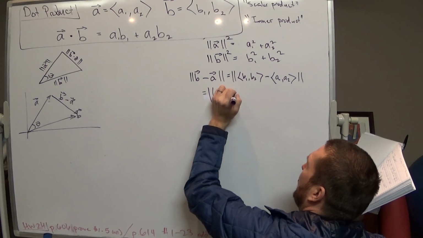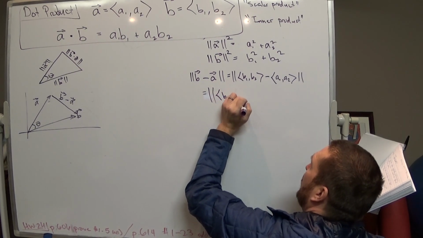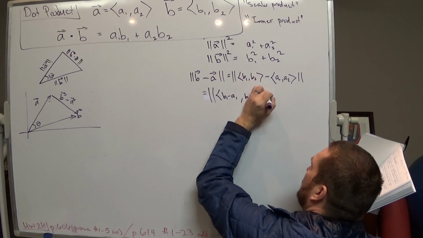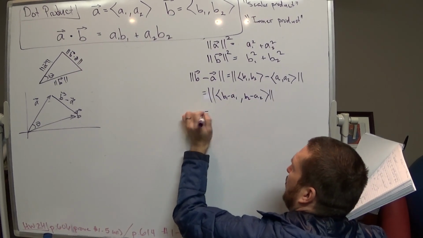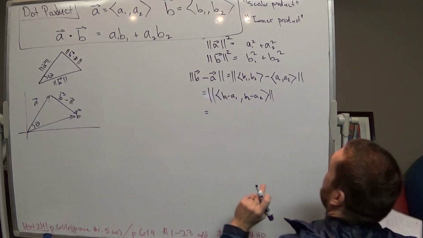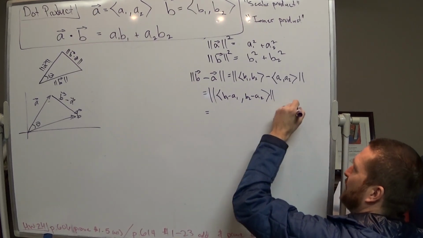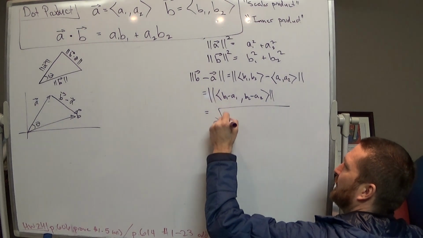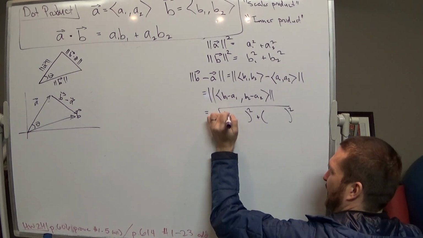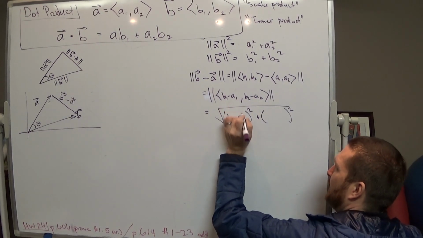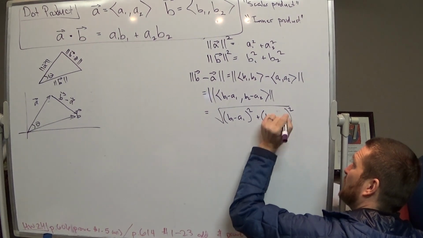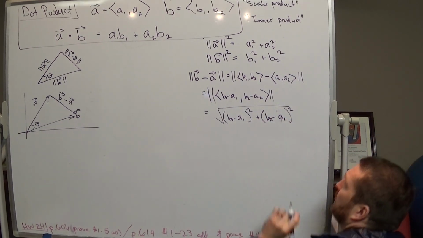It's b1 minus a1 comma what minus what? b2 minus a2. And so that's what? It's the square root of b1 minus a1 squared plus b2 minus a2 squared. Everybody got that? Everybody believe that? There's no funky stuff going on here.